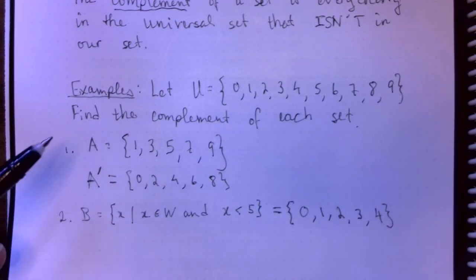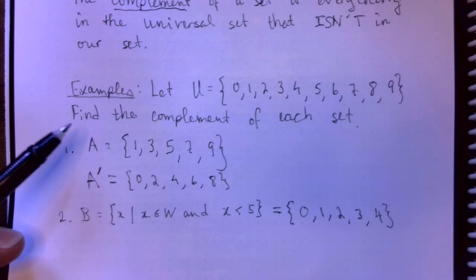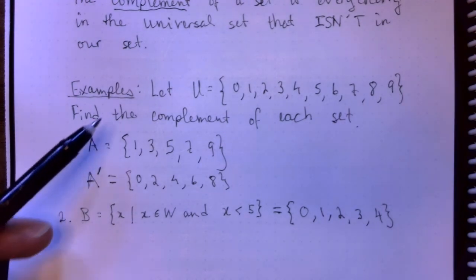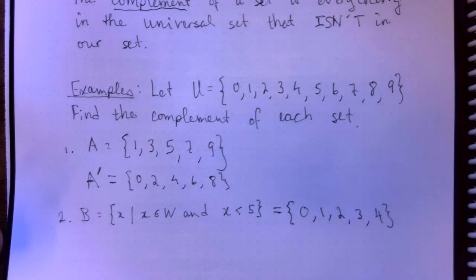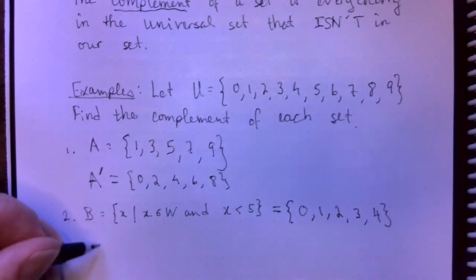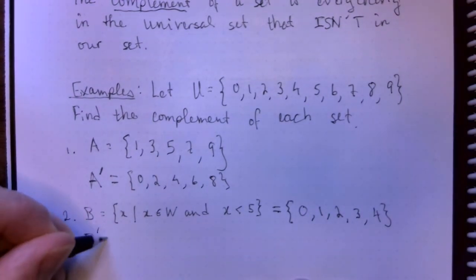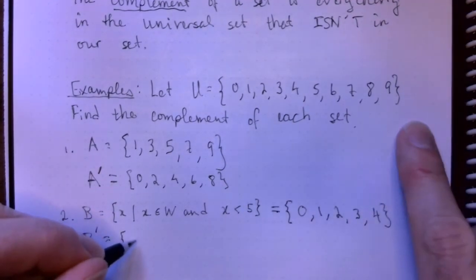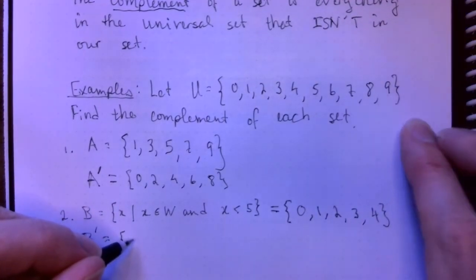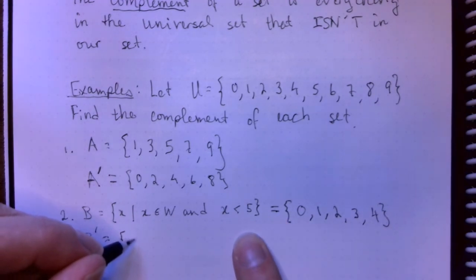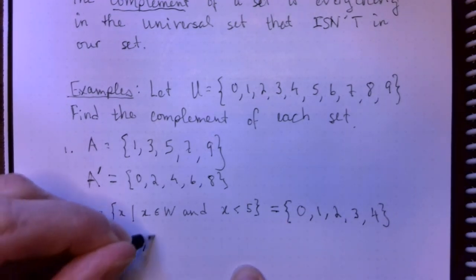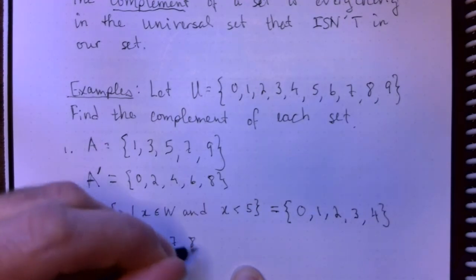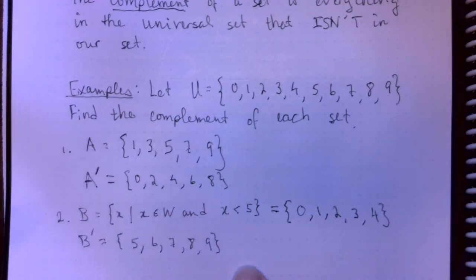Now, I am not done with this problem yet. Notice the instructions say, find the complement of each set. If this is my set B, B complement would be everything in the universal set that is 5 or greater. So it would be 5, 6, 7, 8, and 9.